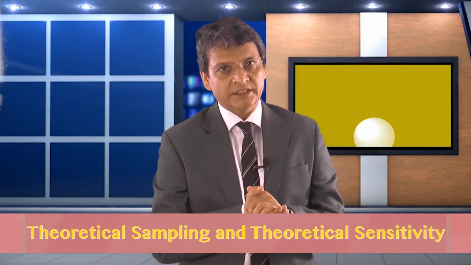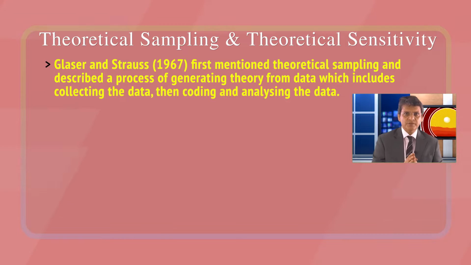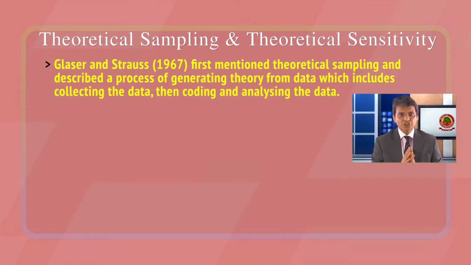Friends, now I'll be talking about theoretical sampling and theoretical sensitivity. Both are very, very important components if you are planning to apply grounded theory. Glaser and Strauss first mentioned theoretical sampling and described a process of gathering theory from data, which includes collecting the data, then coding and analyzing the data.